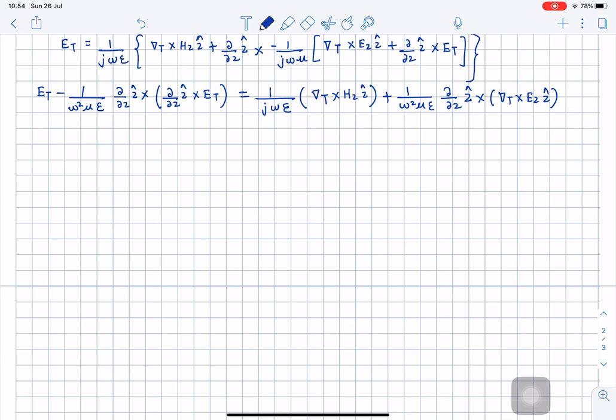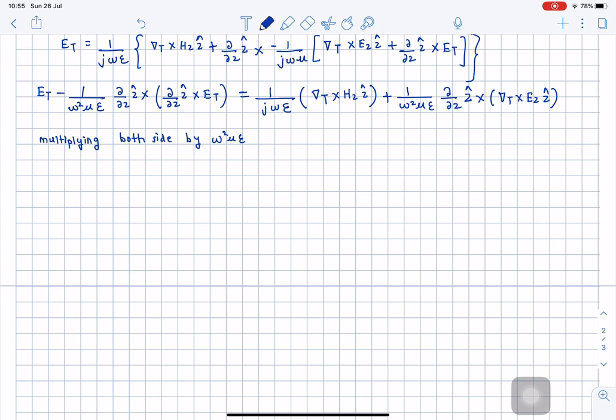In this equation we multiply both sides by omega square mu epsilon.